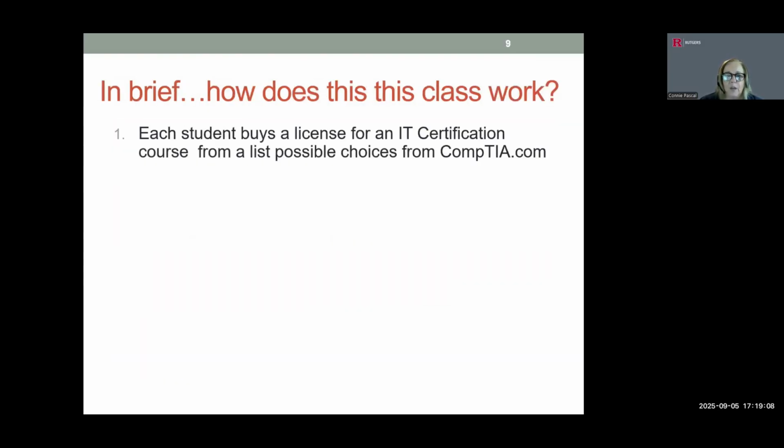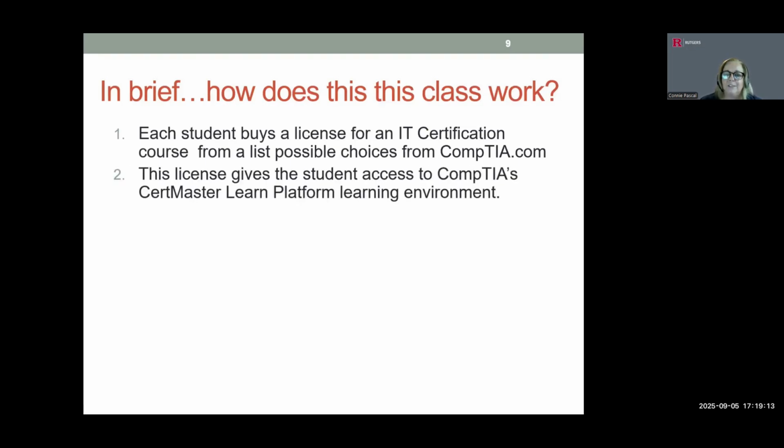So how does it work? You're going to buy the license from the list of choices. That license is going to give you access to CompTIA's CertMaster Learn platform learning environment. Sometimes you might see this referred to as LabSim.